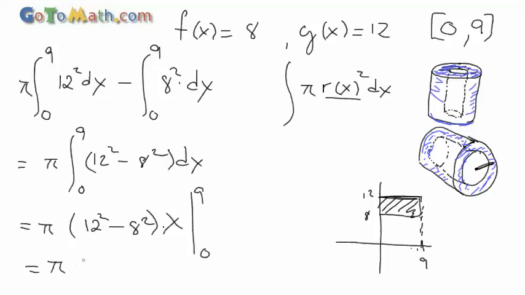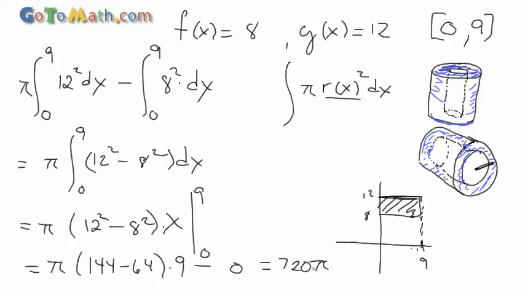So we end up with pi times 144 minus 64 times 9, and if we plug 0 in, we just get 0 out. Let's see what that is. 144 minus 64 is 80, times 9 is 720, so I get 720 pi.